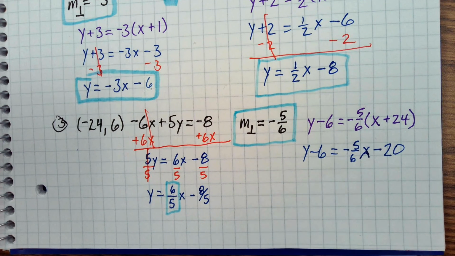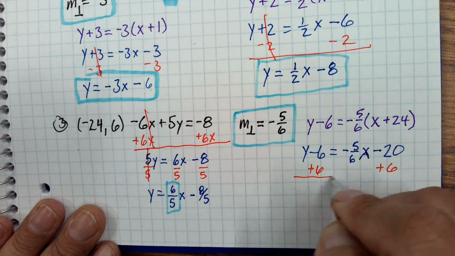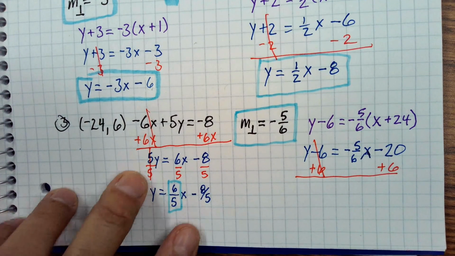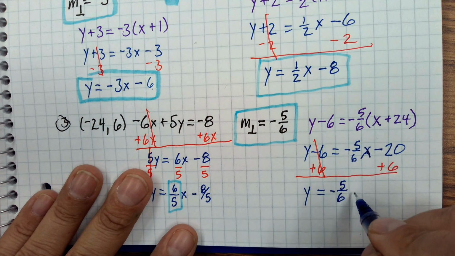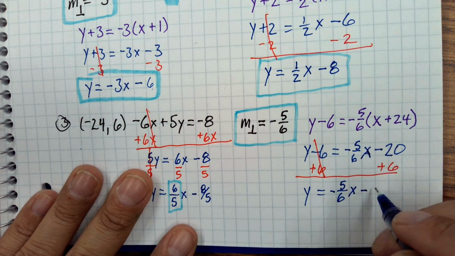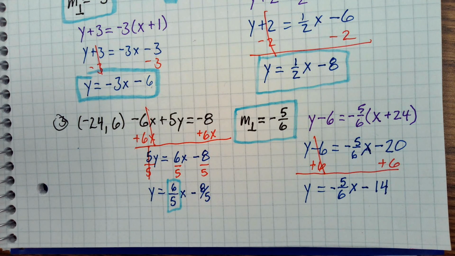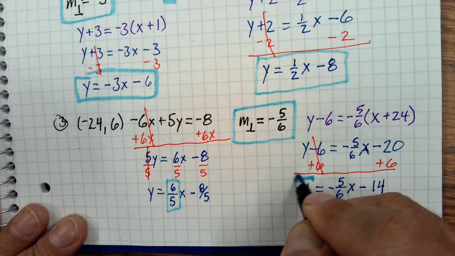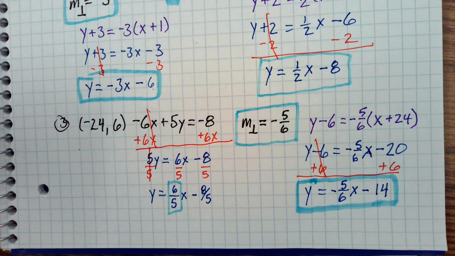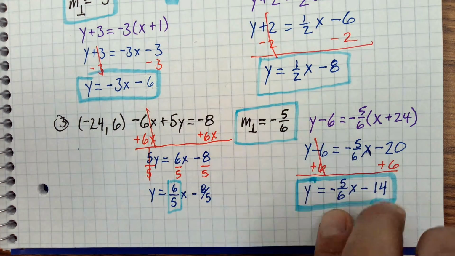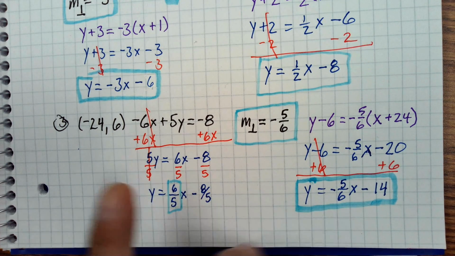Okay, and now let's just get rid of the 6. y equals -5/6 x minus 14. And all that work to get this equation. If we graph these two, it would definitely form that right angle and would go through that point.